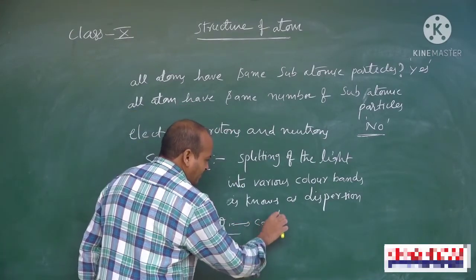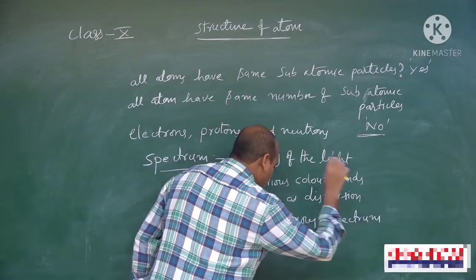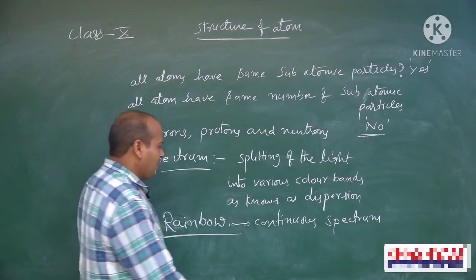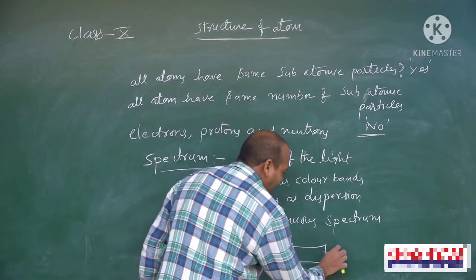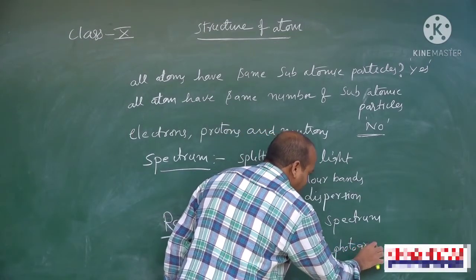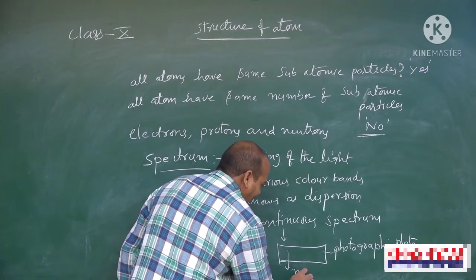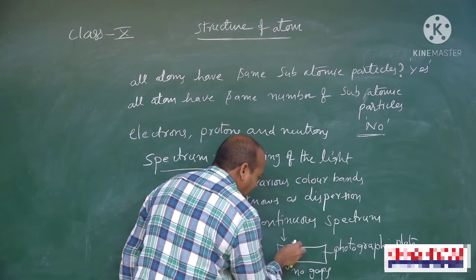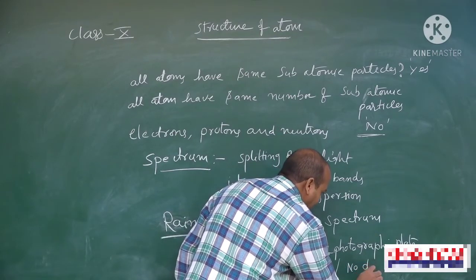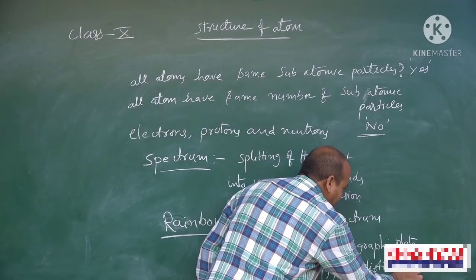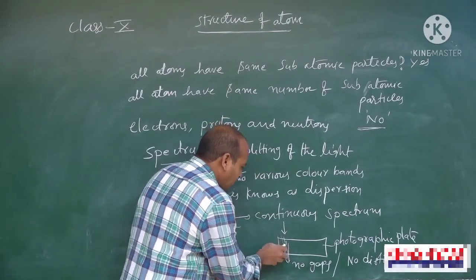What is meant by a continuous spectrum? If you take the spectrum on a photographic plate, there are no gaps and no distinct lines between them.